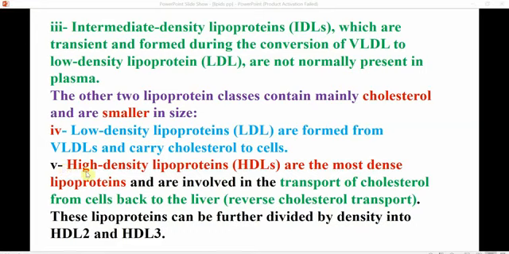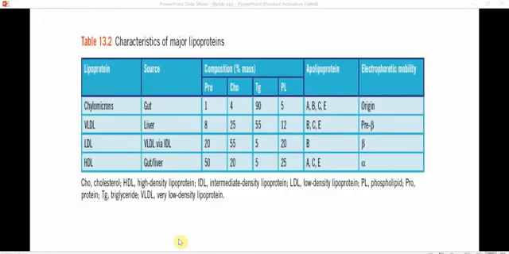The fifth type includes the high density lipoproteins, which are the most dense lipoproteins and are involved in the transport of cholesterol from cells back to the liver, which represents reverse cholesterol transport. These lipoproteins can be further divided according to their density as HDL2 and HDL3.